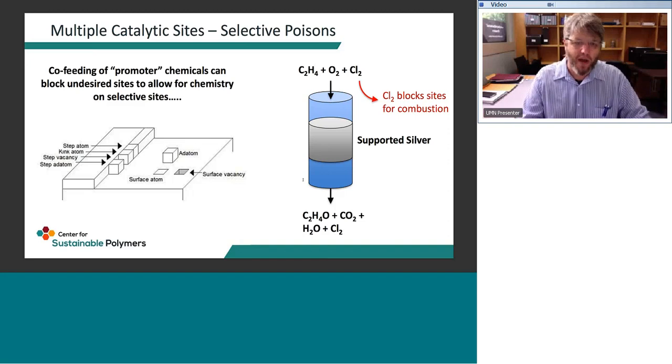And that epoxidation chemistry happens in competition with complete combustion to make CO2 and water. And it was discovered a couple of decades ago that if you add chlorine into this reaction, you co-feed chlorine, what it will do is it'll bind to the sites that preferentially form combustion products, and your selectivity to ethylene oxide will go up substantially, tens of % for ethylene oxide.